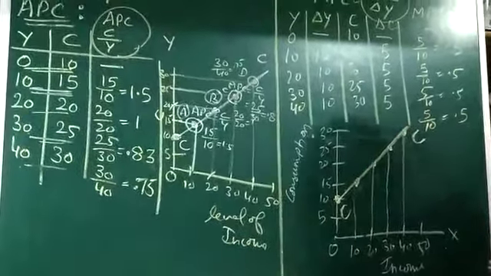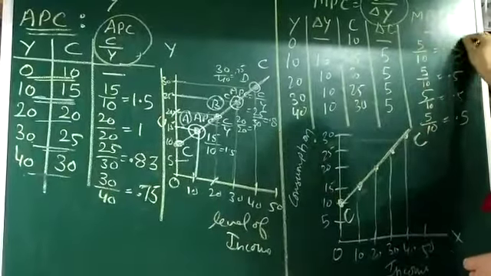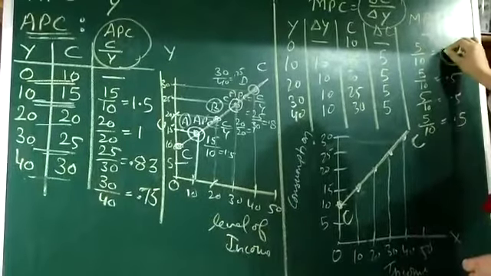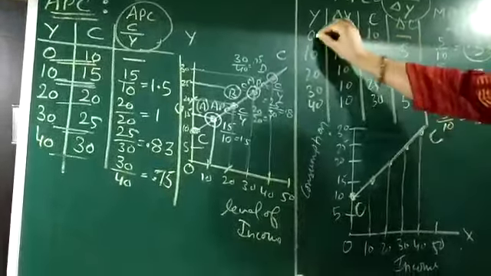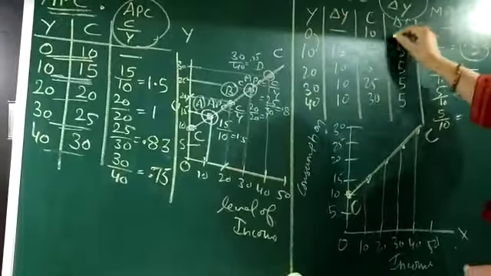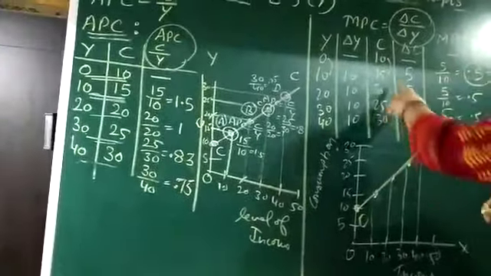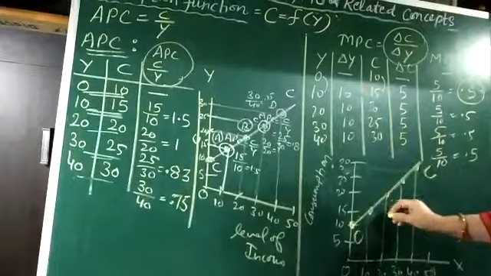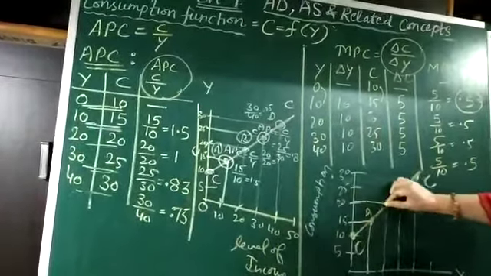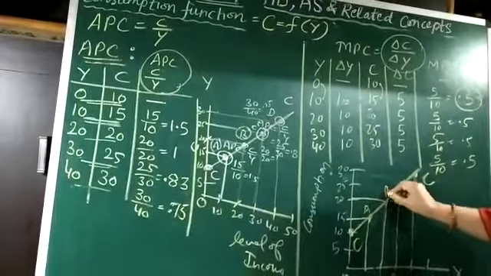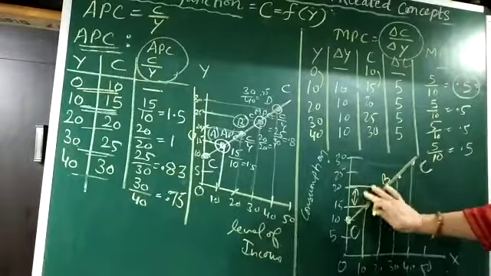Now let us derive MPC. So this 0.5 is the first point of marginal propensity to consume, that is the ratio between change in consumption and change in income. Now look, here is combination A and this is combination B. What is the difference between this consumption level 15 and 20?